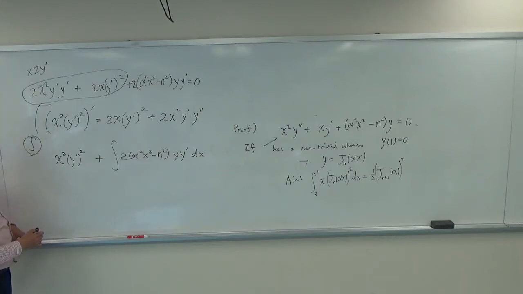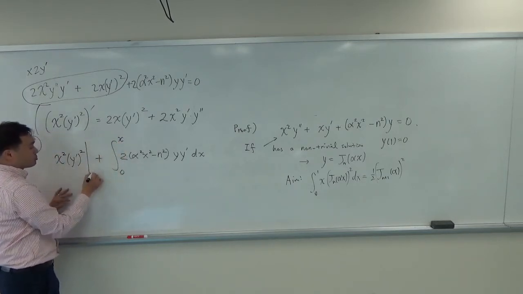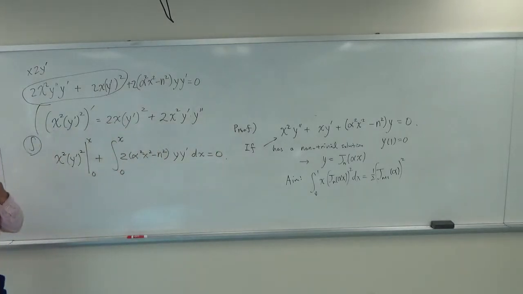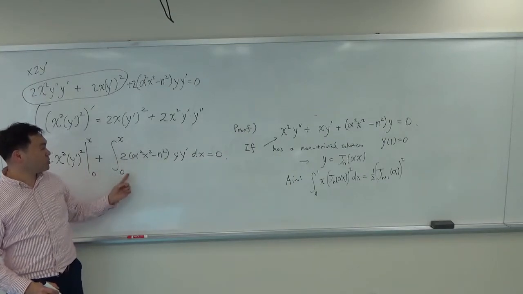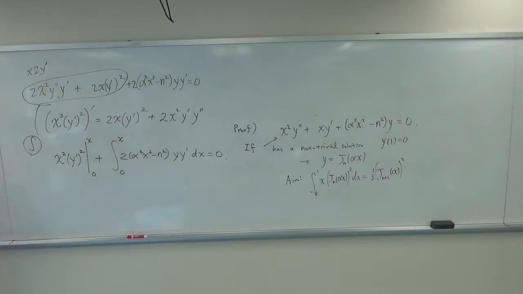And we're just going to integrate from 0 to x, if you don't mind. I should really be saying that I'm integrating in t, and then after you integrate, x goes into t, but I guess that's okay, right? Because x goes into x, this is still true. When 0 goes into 0, it's 0, so you get x squared y prime squared.